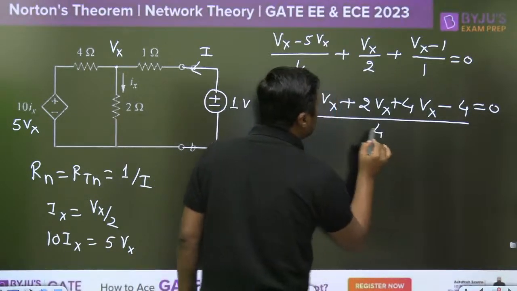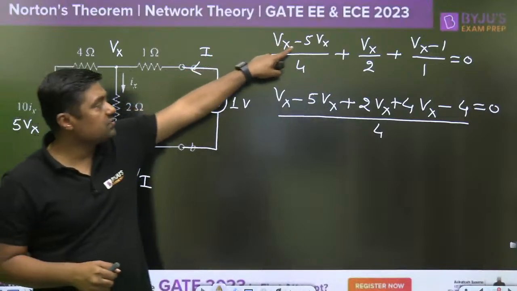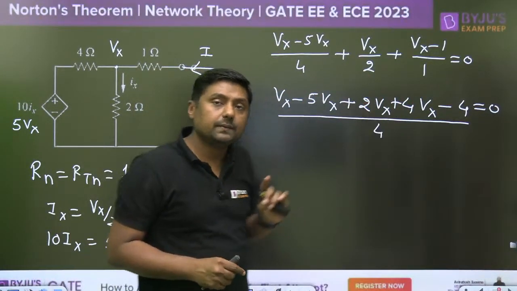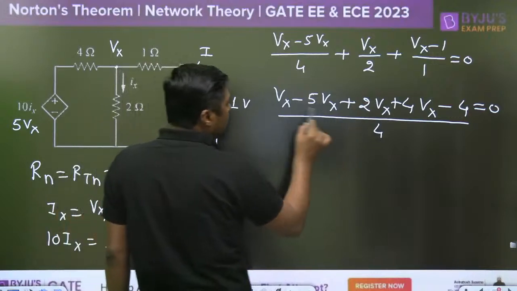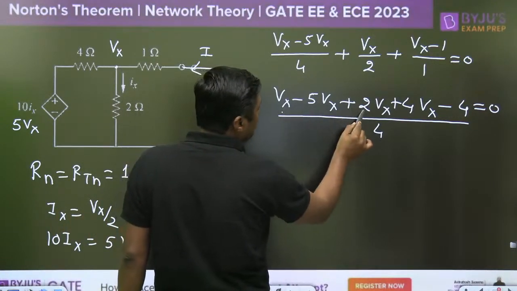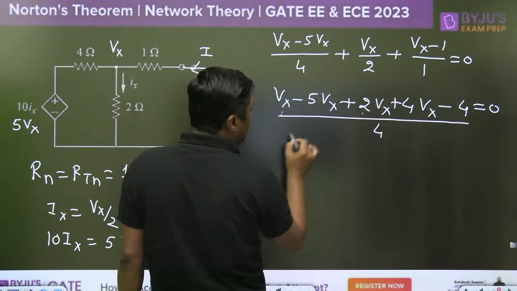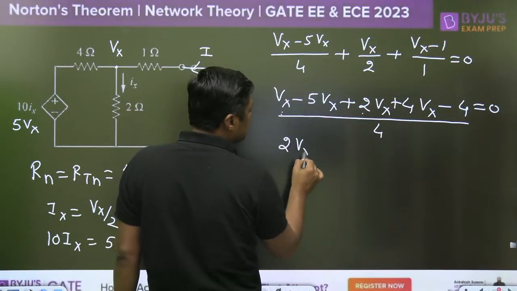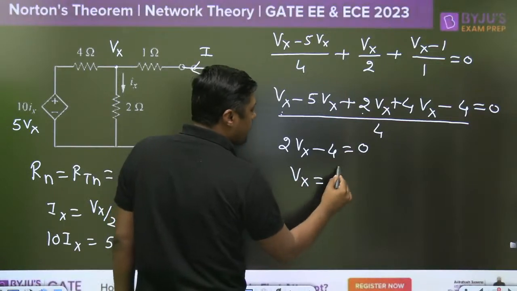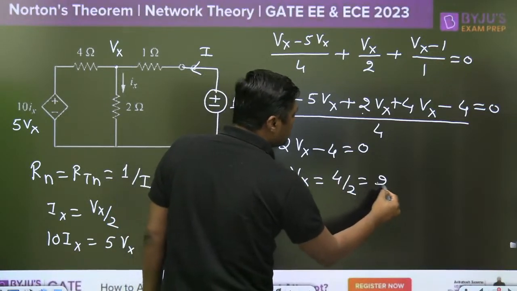Vx minus 5Vx plus 2Vx plus 4Vx minus 4. Now, that will become 0. Vx 2 plus 1 is 3, plus 4 is 7, minus 5, 2Vx minus 4 is equal to 0. So what is Vx equal to? 4 by 2, that is 2 volt.